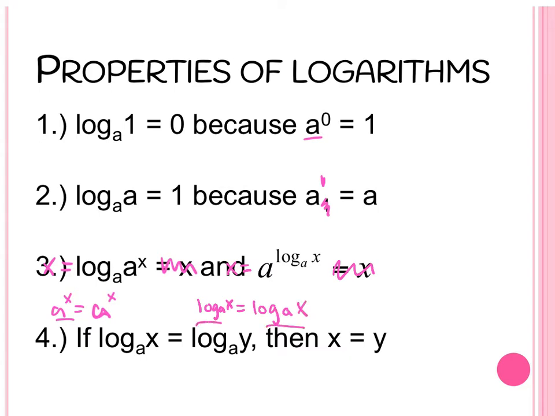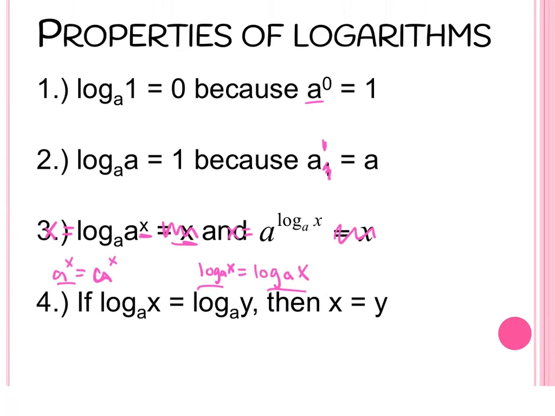So it equals the same thing. So anytime we see that we have the log base a of a to the power of x, it's always going to be equal to that x. And anytime we see a raised to the power of log with that same base, our answer is always going to be this x here.